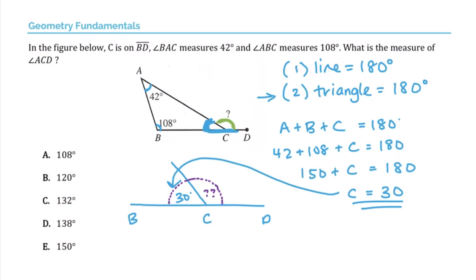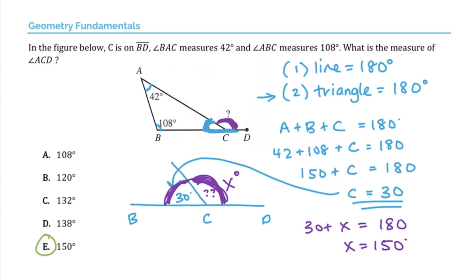Remember, we're trying to solve for that missing angle. So we know that 30 right here plus x degrees has to equal 180, which is that line. Subtract 30 from both sides, we get that x is 150 degrees. That means that this part right here is 150, and same thing, this part right here is 150, so the correct answer to this question is E.